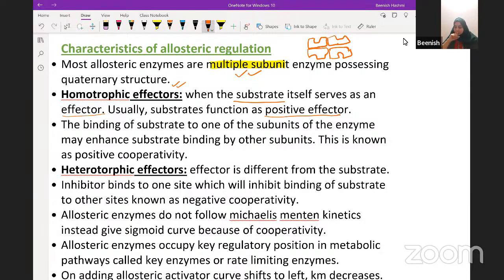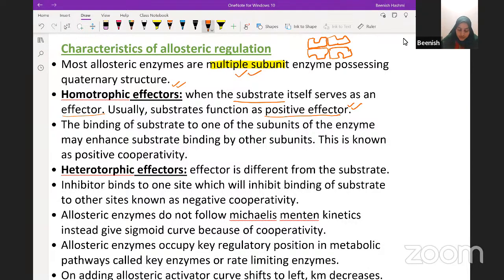You must have also heard that when the substrate concentration is more, the reaction is going to run in the forward direction. So substrates are usually acting as positive effectors and they take the reaction forward. Like if there's more glucose, hexokinase is going to be active, something like that. So that is a homotrophic effector, when the substrate acts as an effector, usually a positive effector.